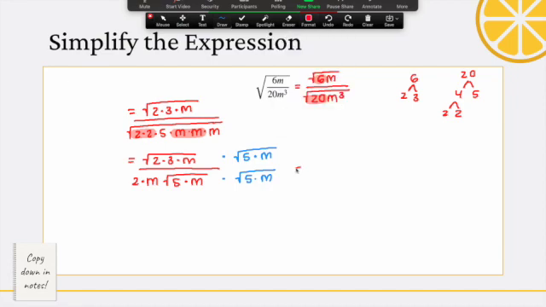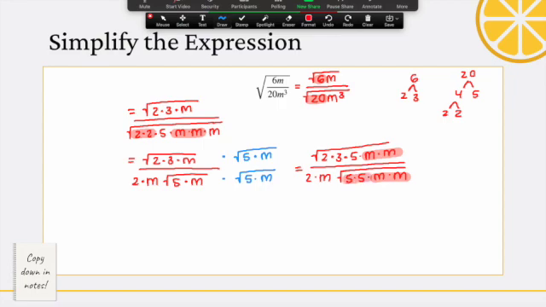When I do that, I get on the top 2 times 3 times 5 times m times m. On the bottom, I get 2 times m. And then right here, we get 5 times 5 times m times m. So on the top, it seems like the only pair that comes out is the m.